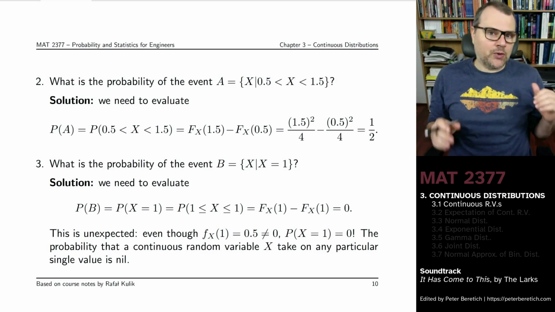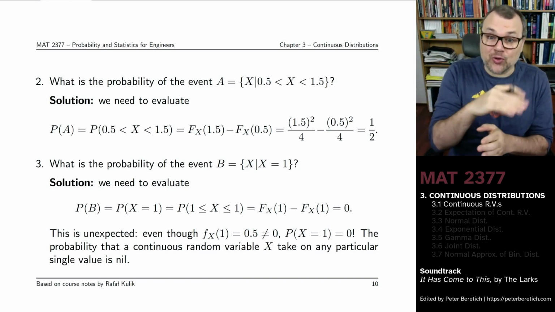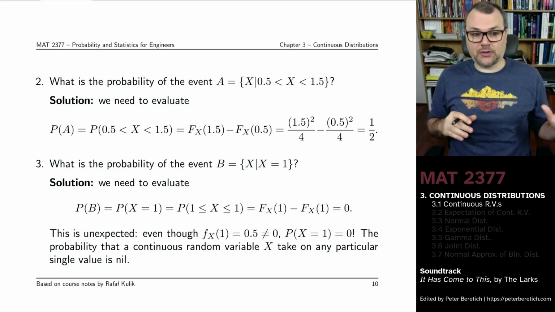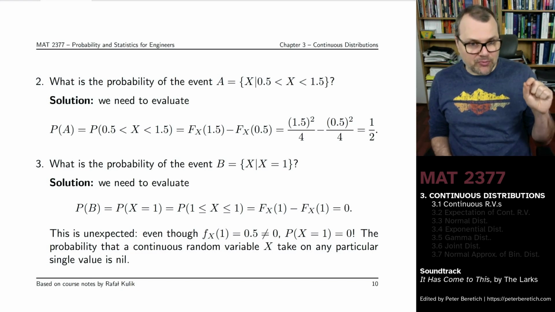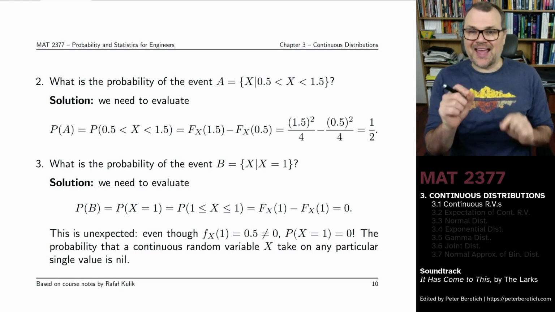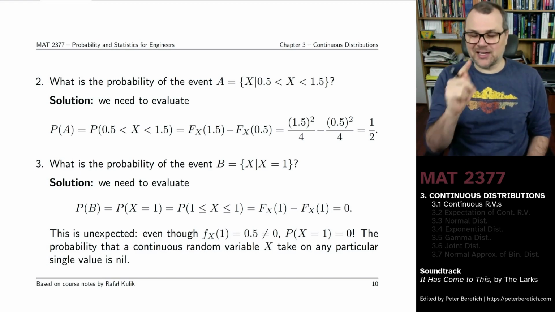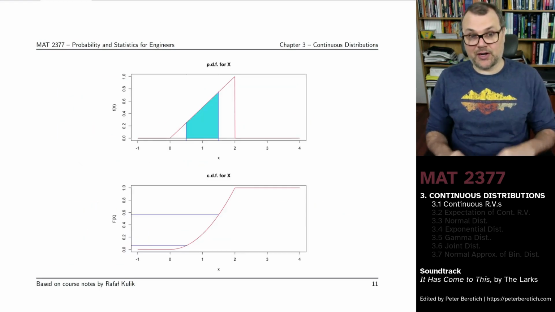It is only equal to a probability over an interval when you integrate the probability density function. What this is saying really is that the probability that a continuous random variable x will take on any specific single value is 0. It cannot happen. Or at least we can't describe it with this paradigm.